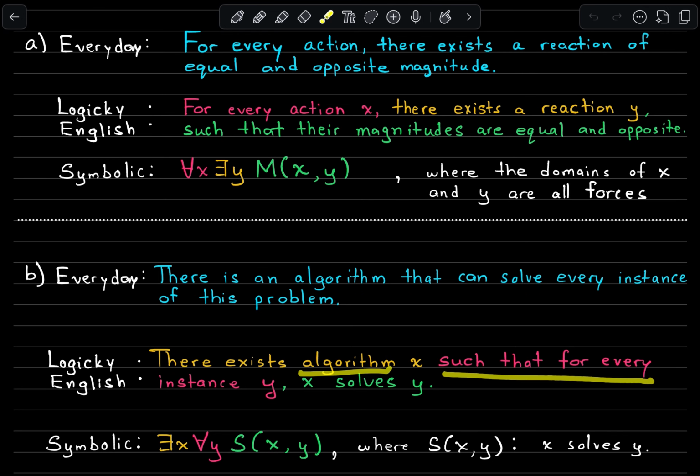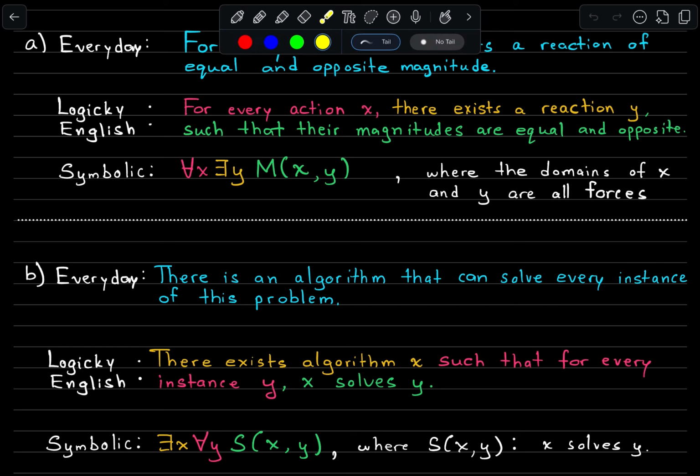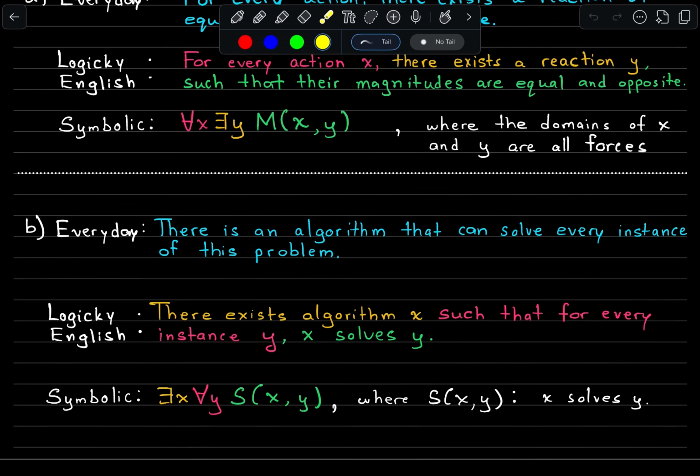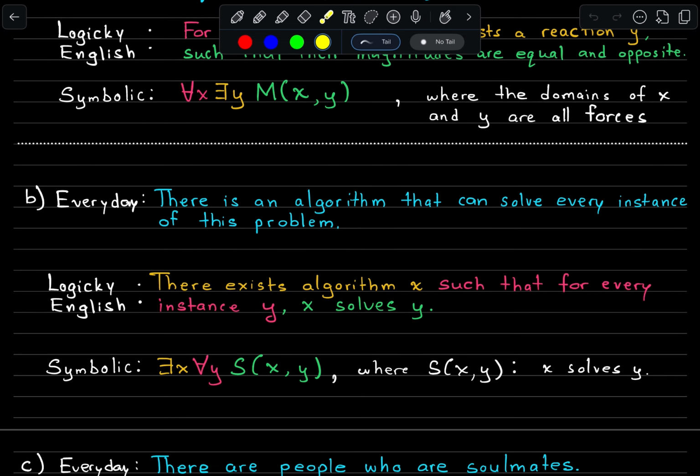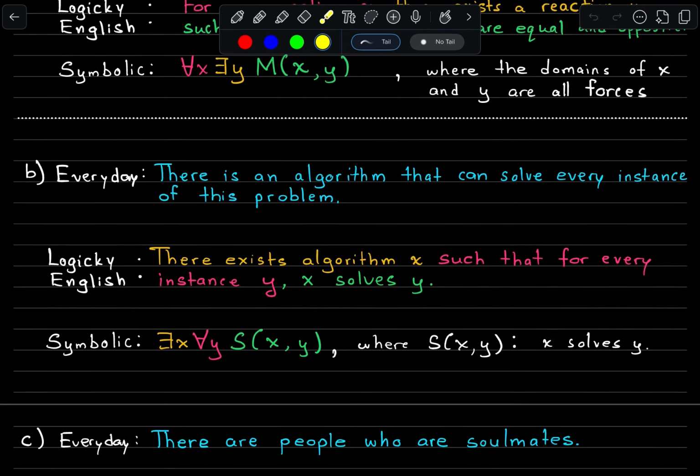We're going to use the universal quantifier for every instance y, right? So for all instances of this problem. And then we can just use some simple function, s of x, y, x solves y. Okay, so this is already the difference here between flipping these quantifiers in their order. Okay. And we're going to consider how the order of the quantifiers matters in a second.